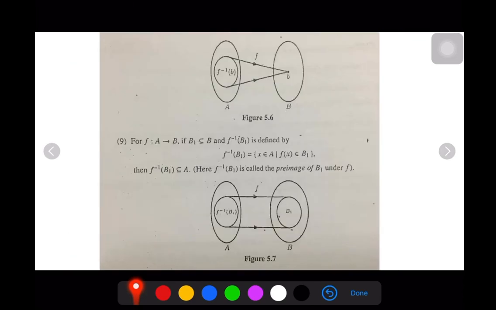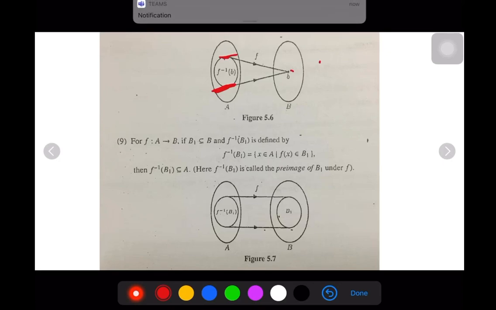So the definition is this. You call this F inverse of B. All the elements here which are mapped to B are the F inverse. So this will help you to compute F inverse in problems.